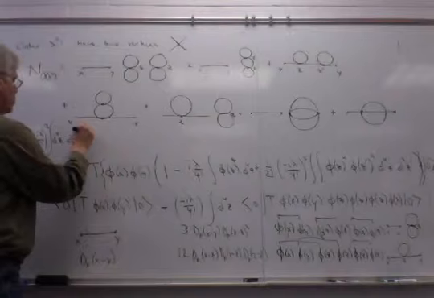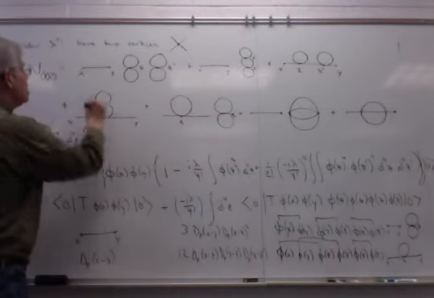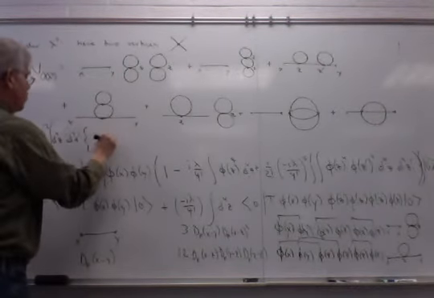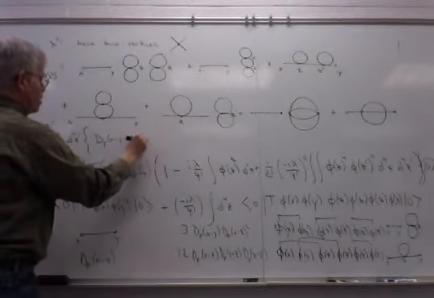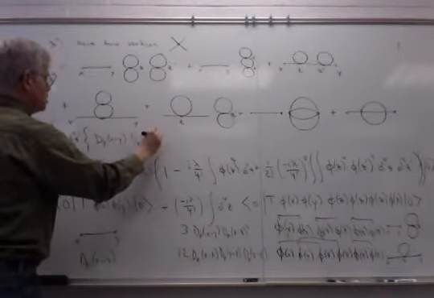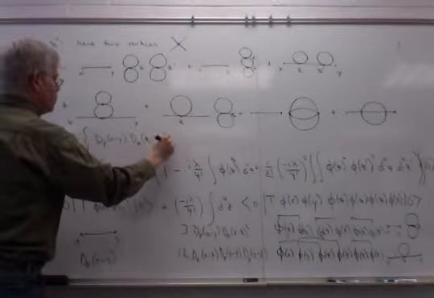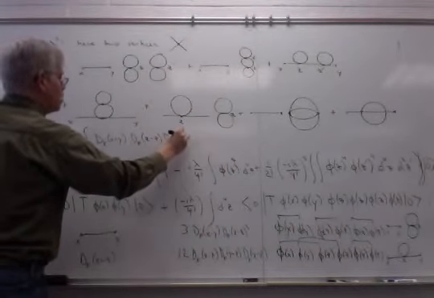And so the first diagram here is D_F from x to y, and then D_F of z minus z, and D_F of z prime minus z prime.